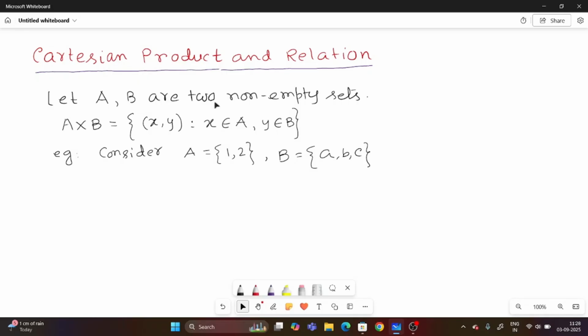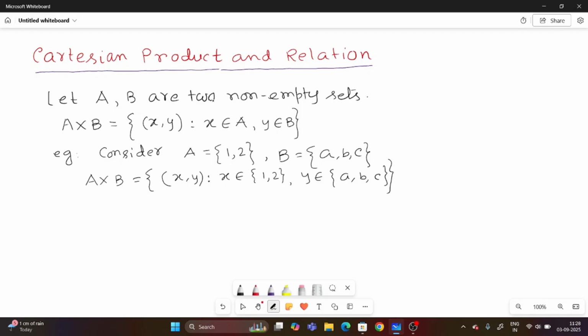B has three elements. Then A cross B, Cartesian product of the sets A, B is the collection of all ordered pairs (x, y) such that x belongs to first set {1, 2}, and y belongs to second set {a, b, c}.